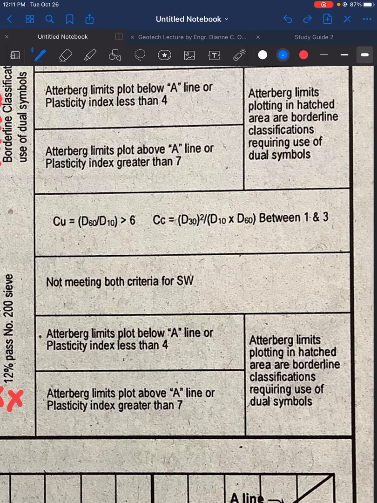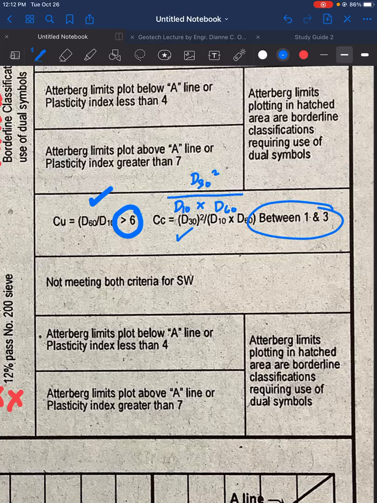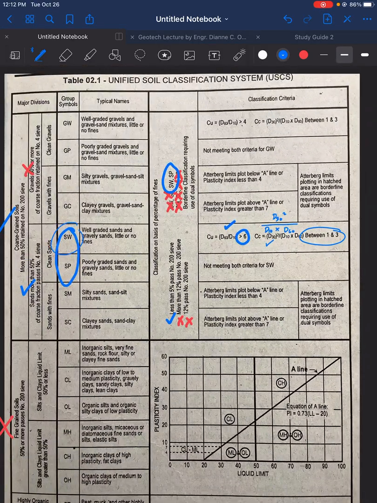And if the answer here is greater than 6, then we have a check mark for CU. Then for the CC, we have the formula D30 squared all over D10 times D60. Okay? If the answer here is between 1 and 3, therefore we will have a check mark for CC, and we have the answer SW.